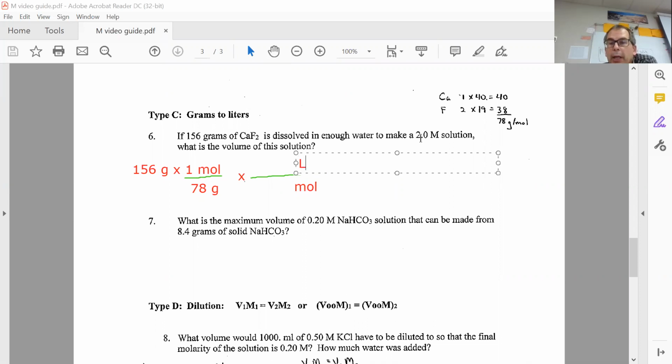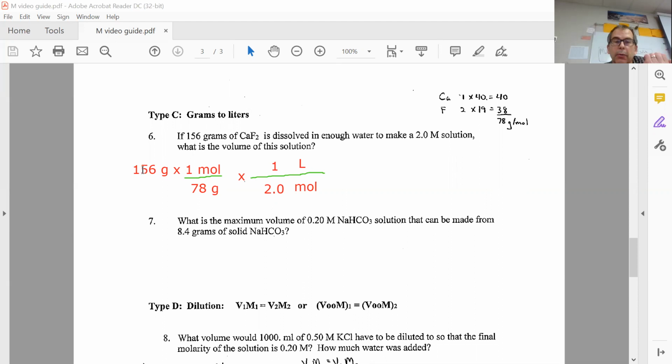The molarity is 2.0 molarity. And by definition, it's not 2 liters in a mole, but it's 2 moles in 1 liter. So the 2 stays with the moles. I'm going to put that below the line, and then it's going to be per 1 liter. So when I say it is a 2 molarity solution, there are 2 moles per each liter.